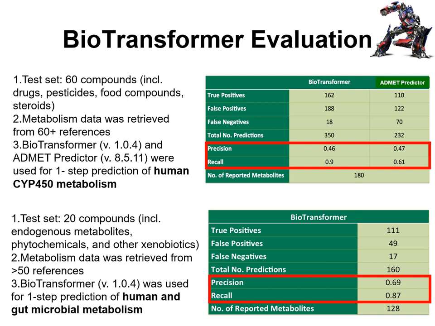And then we ran BioTransformer looking at endogenous metabolites. Now these are something that other tools fail miserably at because they weren't designed or trained with these. But based on the data that we've collected and assessing the performance, at least with endogenous metabolites, both human and gut microbial transformation, BioTransformer is actually even more accurate. Recall is almost 90%, precision is almost 70%.